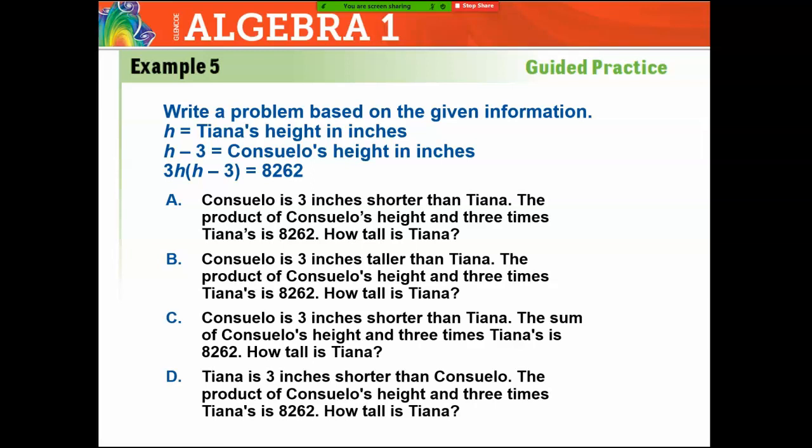Is Consuela going to be taller or shorter if her height's minus 3 Tiana's? Good? So you can automatically get rid of which option, A, B, C, or D. Nevaeh? Perfect. We can auto get rid of B because it said she's taller.